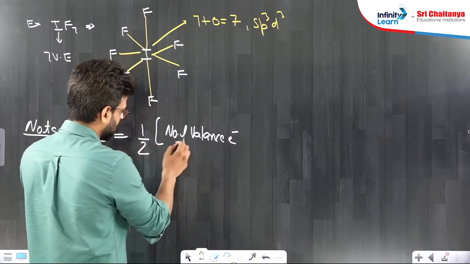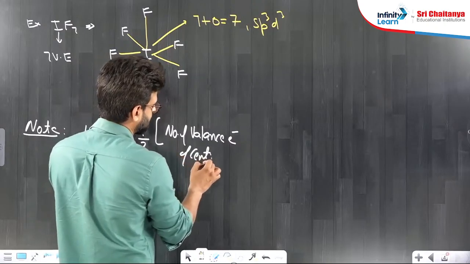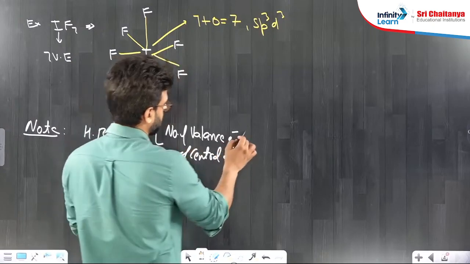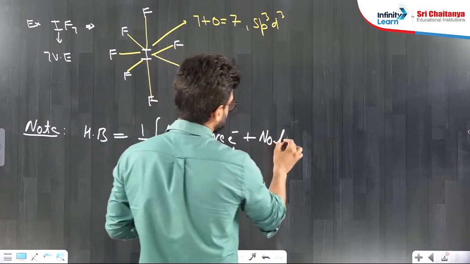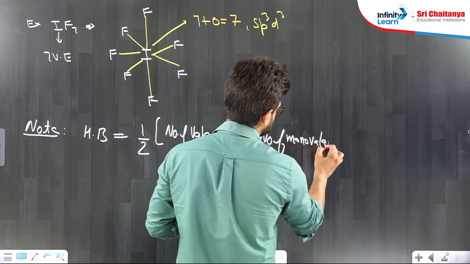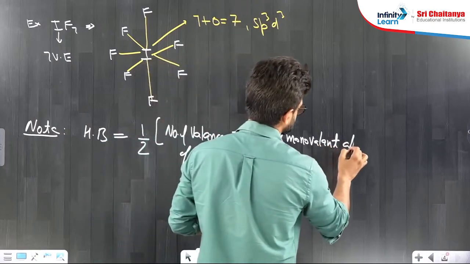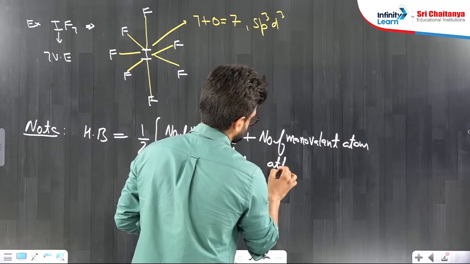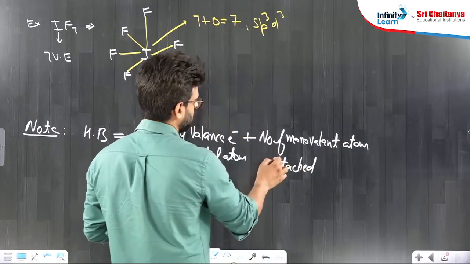Mainly we find it for the central atom, so I am writing central atom, plus the number of monovalent atoms attached to that atom. Or directly I can say the number of monovalent atoms present.